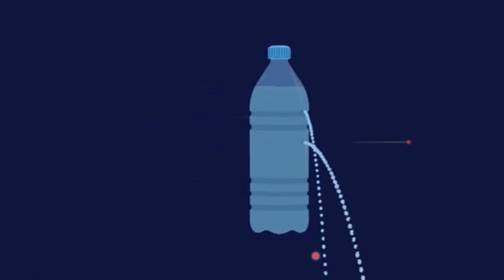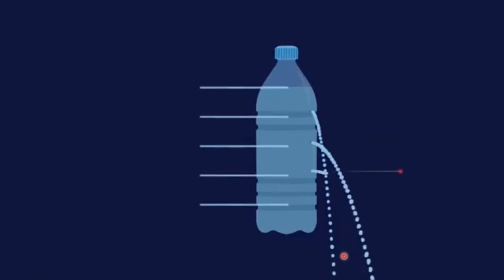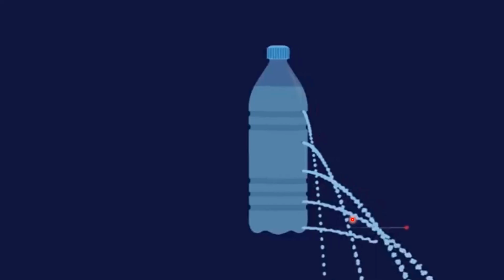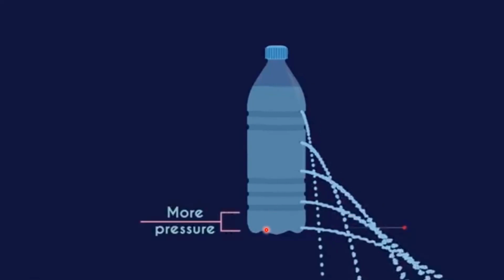You will notice that the water flows out at a wider angle when compared to the first one, isn't it? If we continue to make holes in the wall, then we will notice that the water literally flows out or spreads out. This shows that the pressure at the bottom of the layer is more when compared to the pressure at the topmost layer.